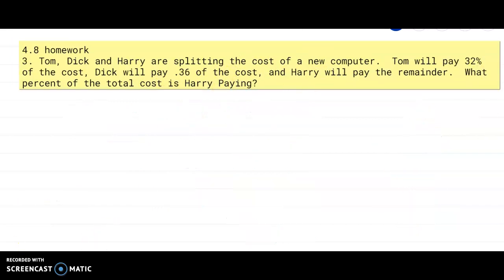Okay, this time Tom is paying 32%, Dick will pay 0.36, and Harry will be paying the balance. So again, I am going to add what they gave me, 32% plus 0.36 plus x equals 100% of the cost of the computer.